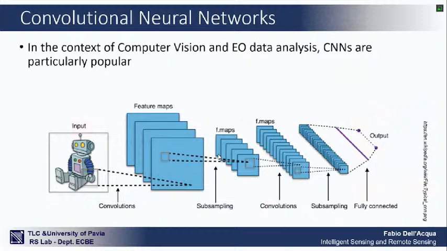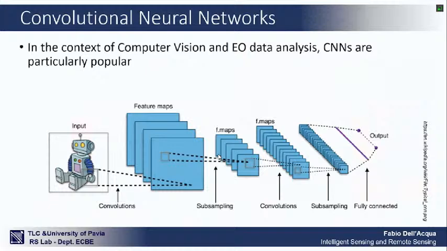And one specific type of neural network which is used also in Earth observation are the so-called convolutional neural networks, which is a combination of local convolution and then neural network, local convolution and then neural network. This is a question which is worth asking here.